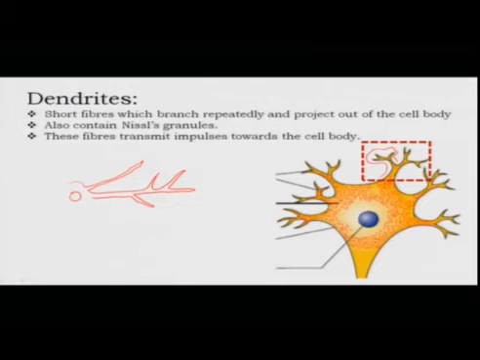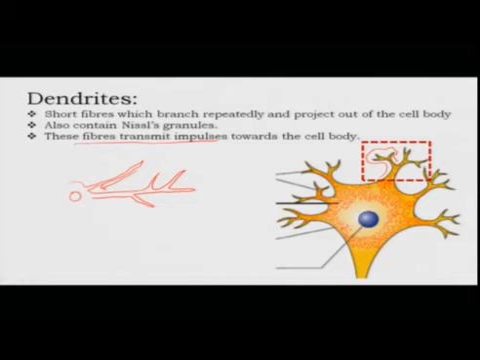So, these fibers are characterized by the fact that they conduct nerve impulses towards the cell body. So, there is a directionality in the way nerve impulses travel within the neuron.